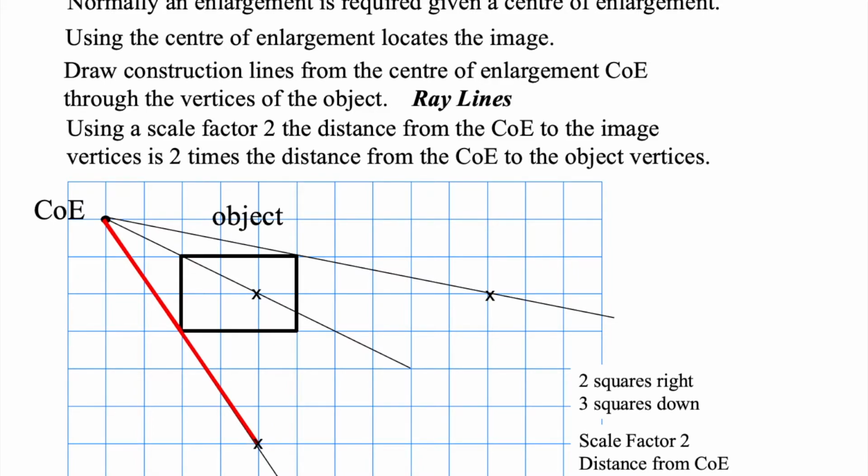You can already see where the shape is going to go. You don't even need to do the last point, but you can draw your line that passes through here and extend it all the way, and then count your squares to the right and down and multiply that by whatever scale factor you are told.